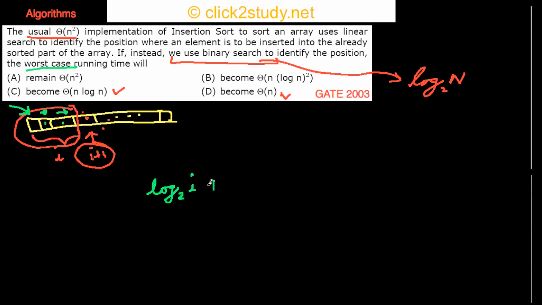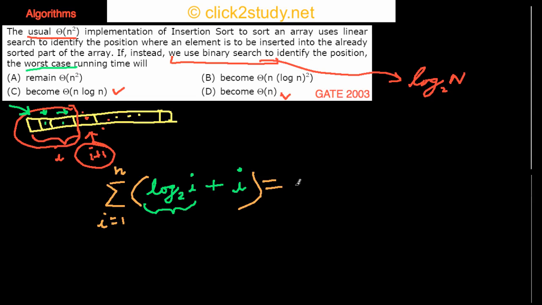So in that case, the number of operations are the operations for binary search, and then you have to shift I elements. So for the I plus 1th position you have to do these many operations. For insertion sort you keep doing this from I equal to 1 to the last element, the nth element. If you sum this up, what will you get?